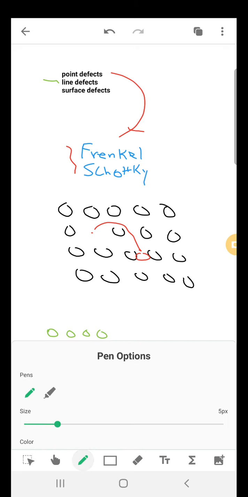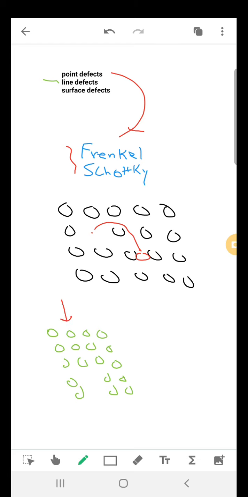You can see that in this column, these atoms are absent. So it is a half plane. It is not one single atom, it is the absence of one plane of atoms. It is called a dislocation.